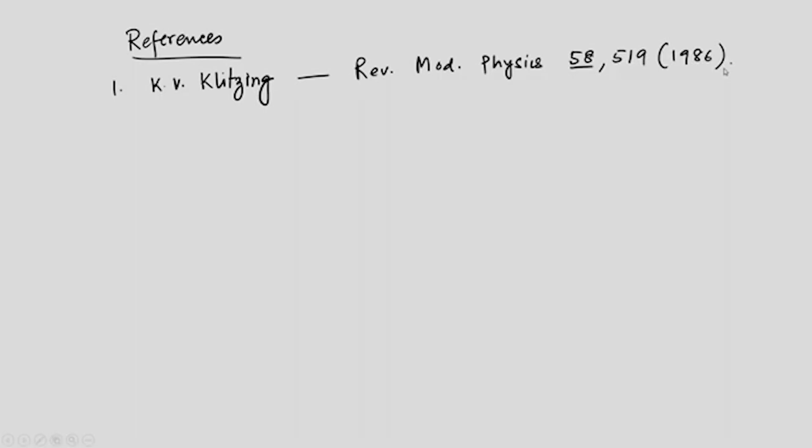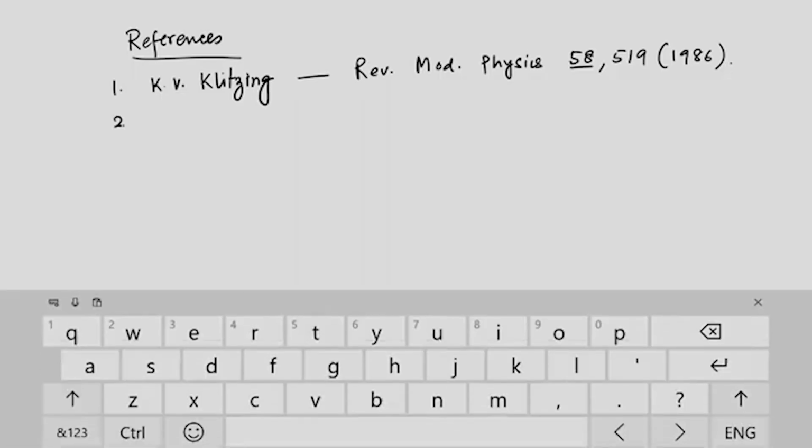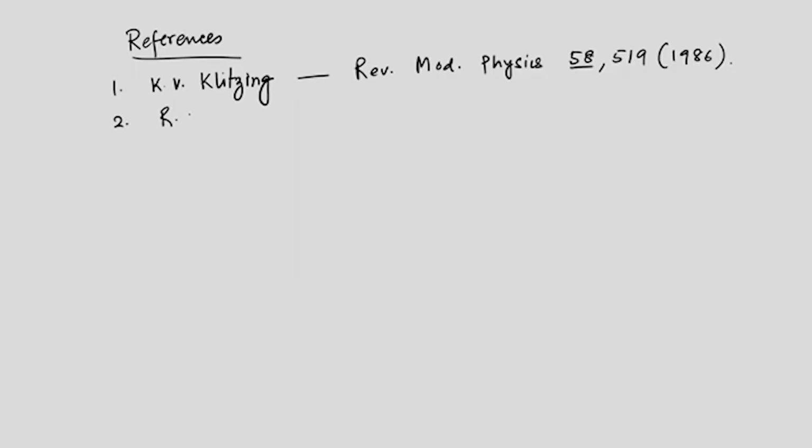This is an APS, American Physical Society, journal on reviews, a very famous journal. Then there was another by Robert Laughlin, and this is Physical Review B, volume 23, page 5632, 1981.